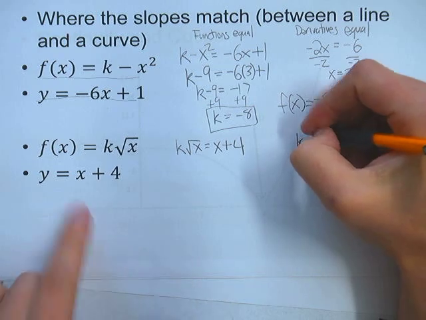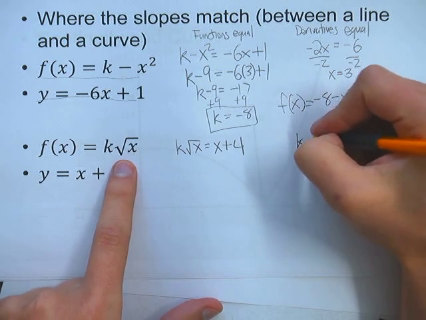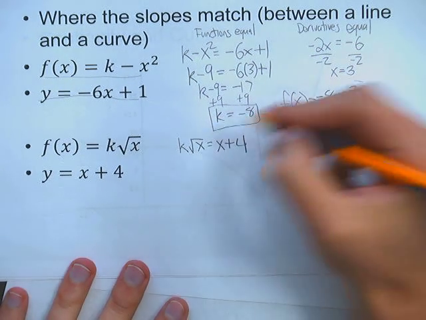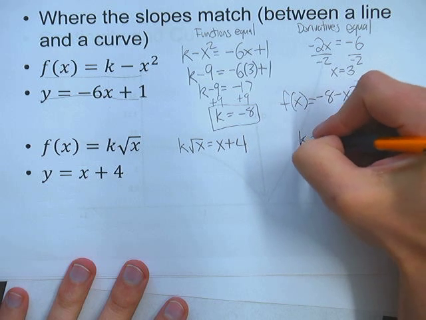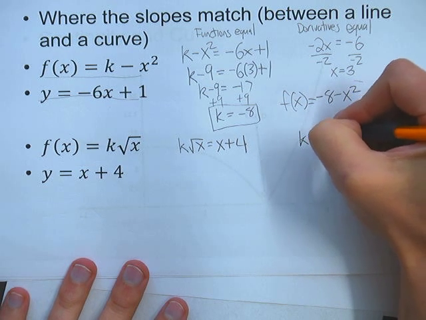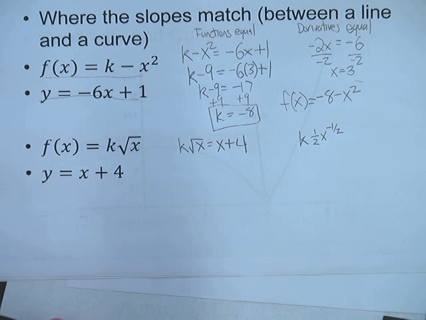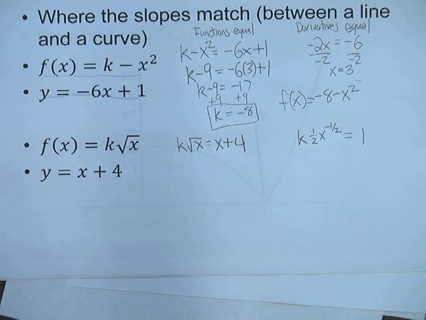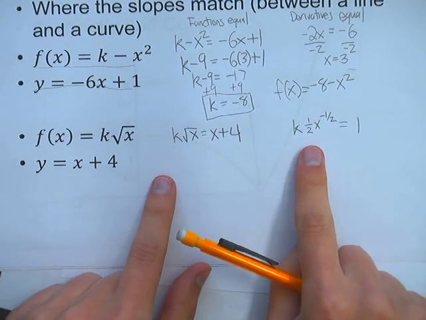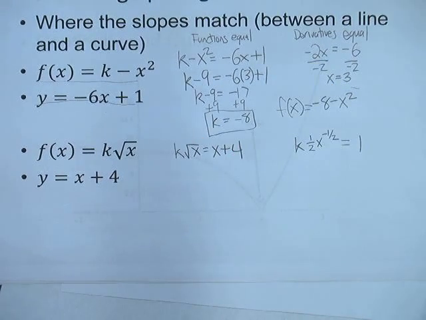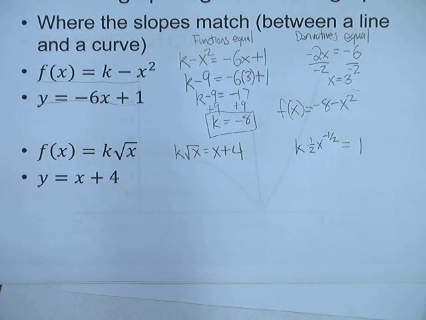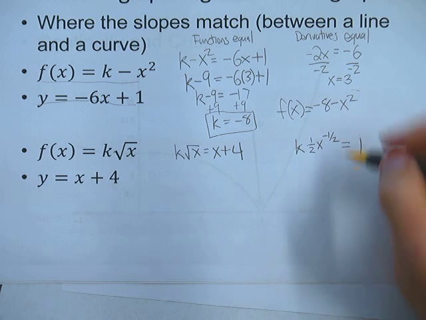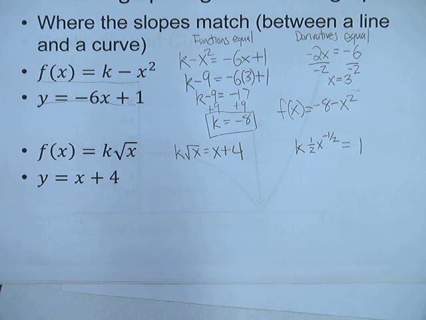So k times the derivative of root x is, well, it's x to the 1/2. So it's 1/2 x to the negative 1/2. All right, our derivative on our right side is 1, so that's easy. Now this is a harder case because in this one we got rid of k when we took the derivative of both sides, but here not so much. So we're just going to have to solve this equation for k.